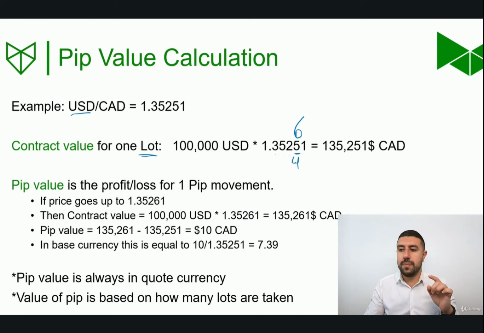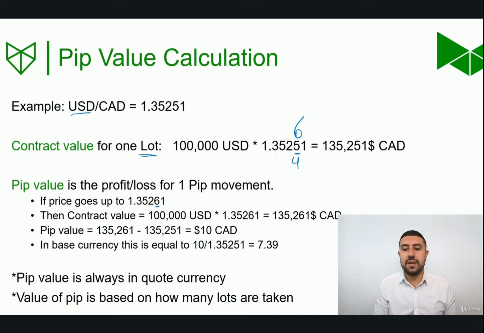It moves by 1 pip. Well, let's see. What would be the contract value if the price went up by 1 pip? So to 1.35261. Well, the contract value would be 100,000 USD times 1.35261, which gives us $135,261. Now, the pip value, so in this case, if this currency moves up by 1 pip, how much money would we have made?